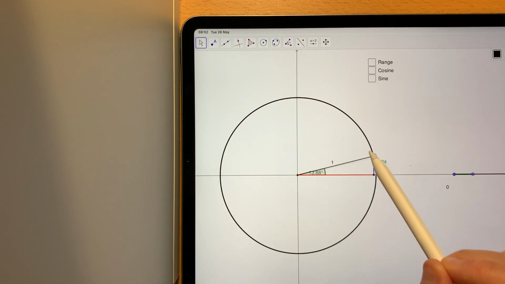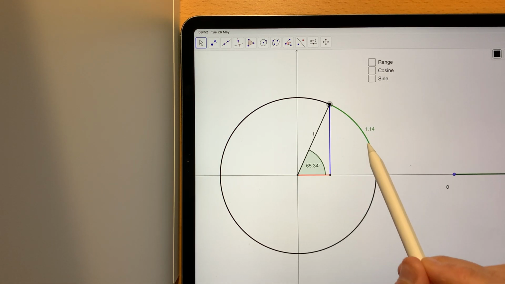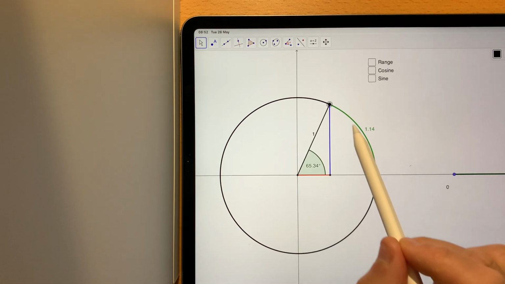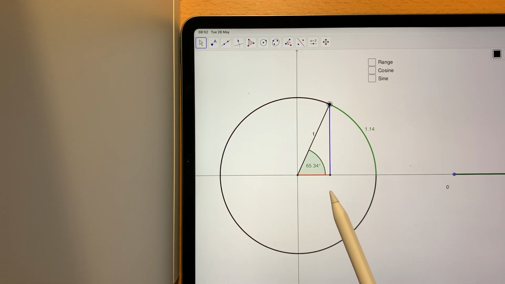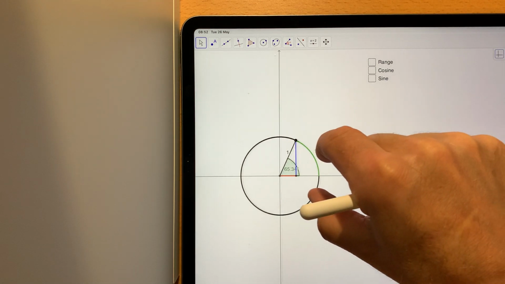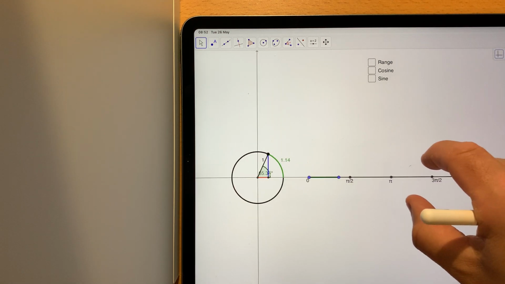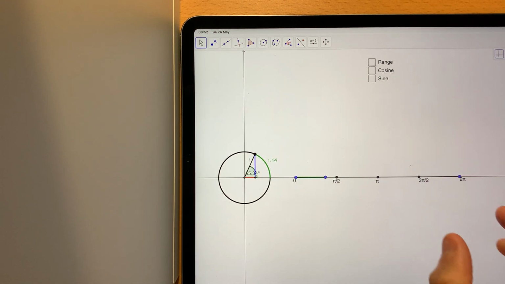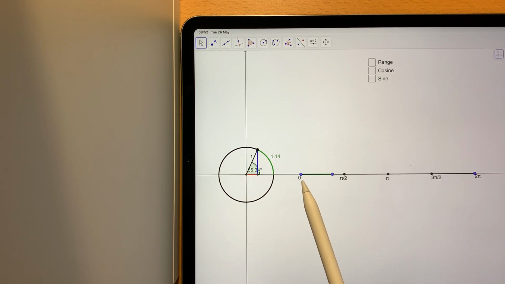Now you see, as I travel along this circle, you can see the arc length here. You don't have to look at the degrees for the moment, only at this arc length. So let's zoom out a bit. Now look, I have plotted one x-axis from 0 to 2 pi.